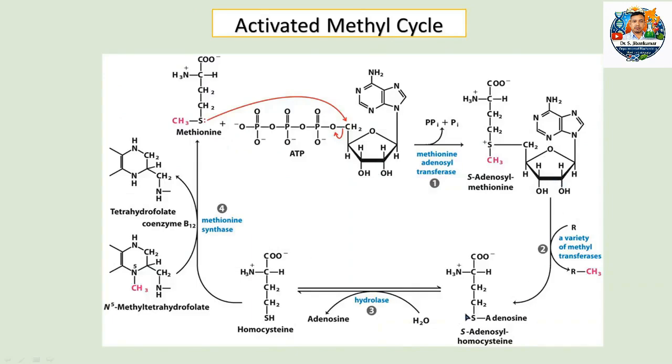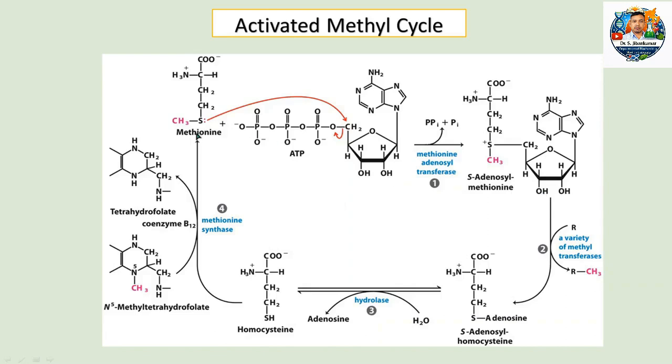This is a part of the S-adenosyl methionine. And you see here, this is methionine. So methionine contains a sulfur atom, and the methyl group is attached to the sulfur atom.